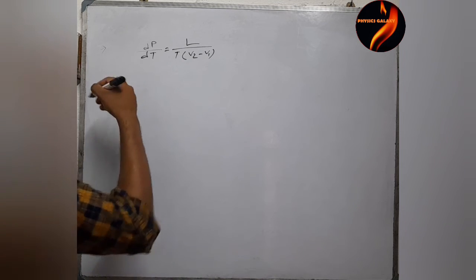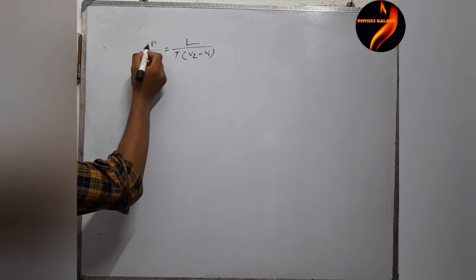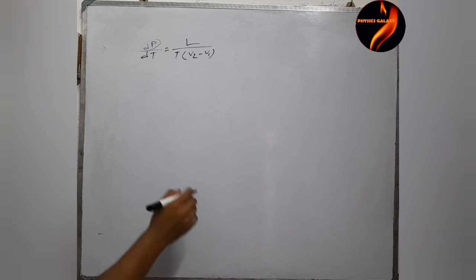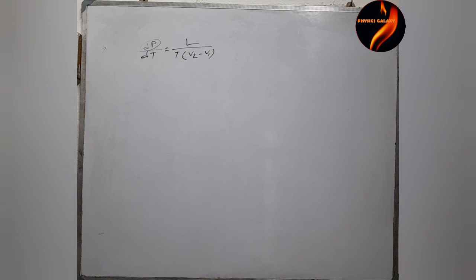We know that on the moon dP should be negative, because the pressure on the surface of the moon is lower than the pressure on the earth.